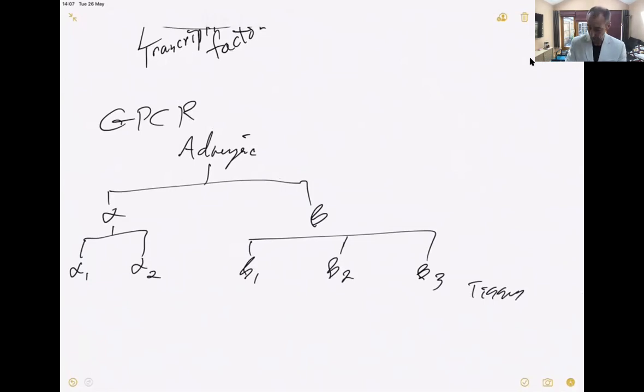Beta 2's in lung and smooth muscle. Beta 1's in heart. If you ever forget which beta number goes with lung or heart, think how many hearts you have, think how many lungs you have. Therein lies your answer. Beta 3 is on adipose tissue or fat.